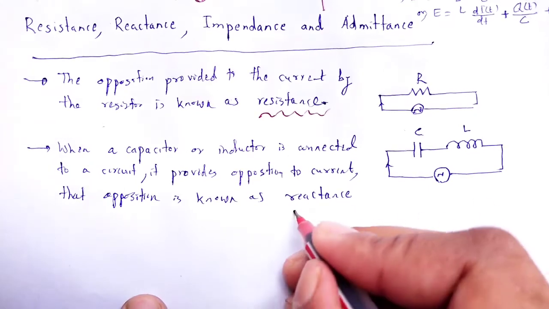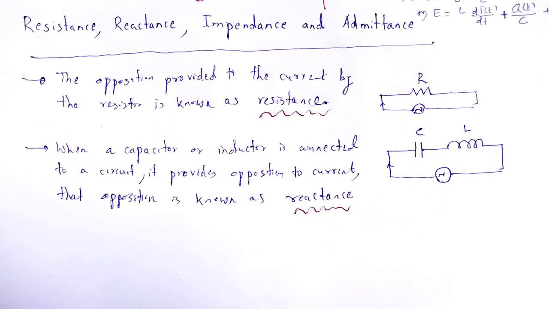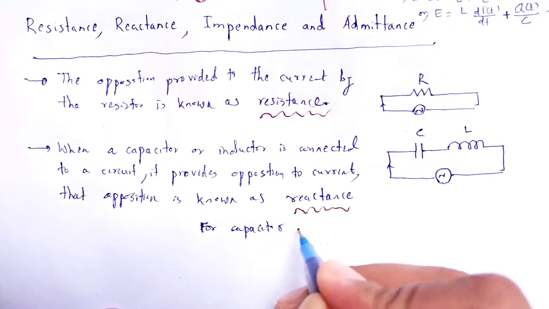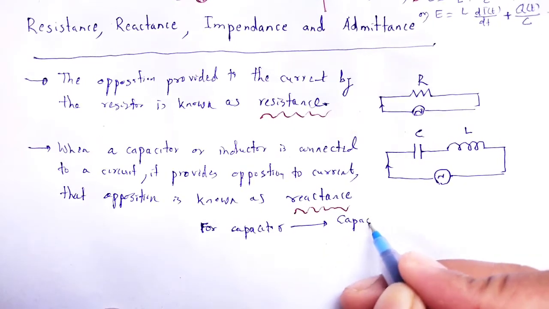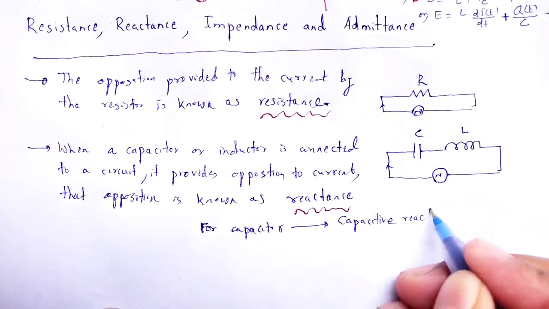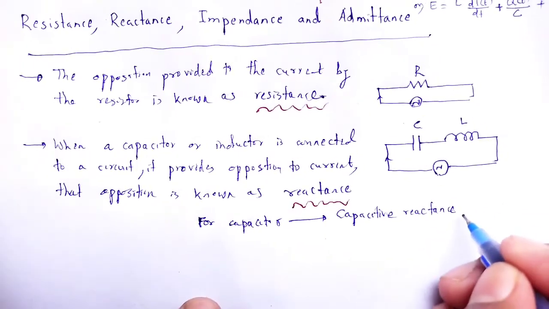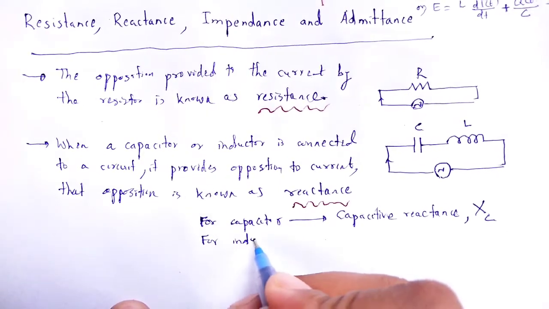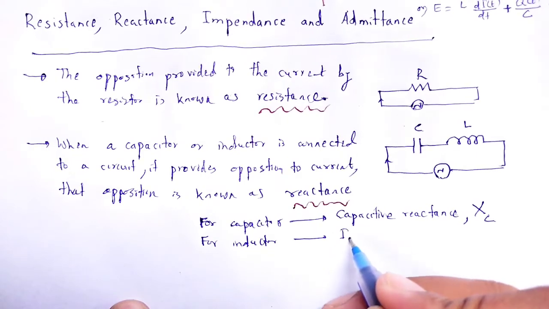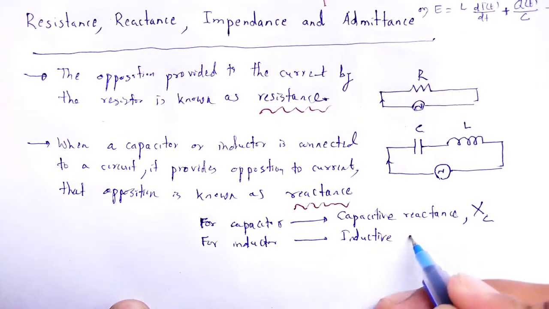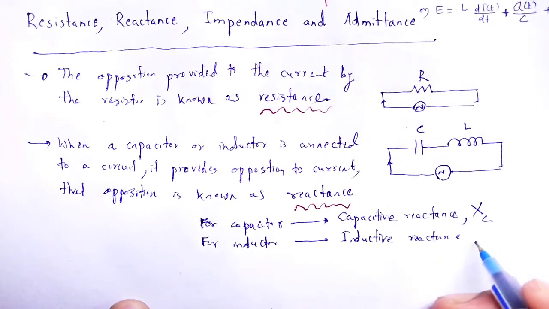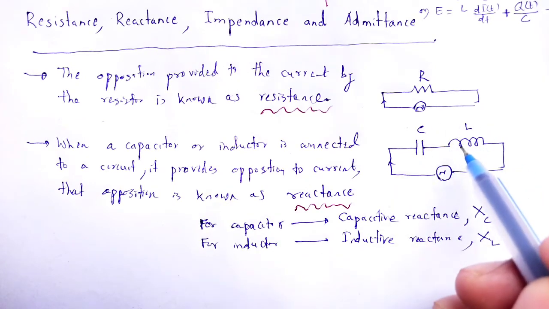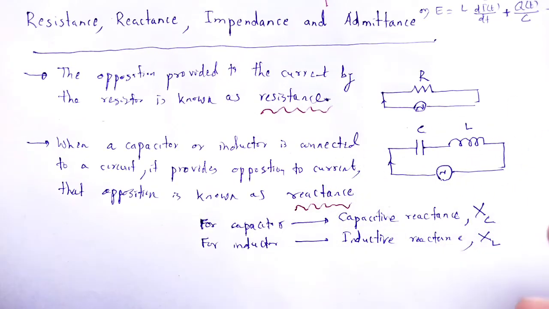In case of a capacitor, that is capacitive reactance, denoted by Xc. For an inductor, that is inductive reactance, Xl.